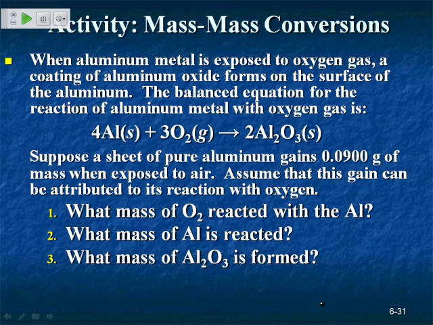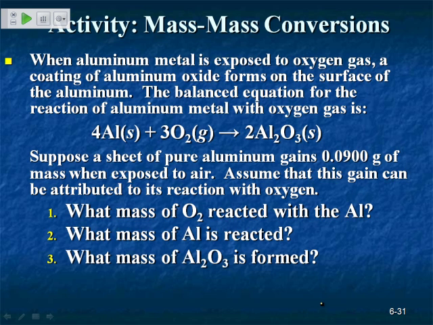Let's get used to the chemical terminology, okay? This is the way chemists talk. In simple language, all it means is 0.0900 grams of oxygen reacted. Okay, so that's the first question.